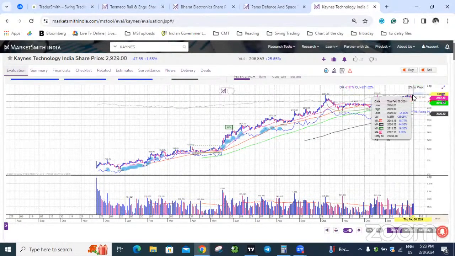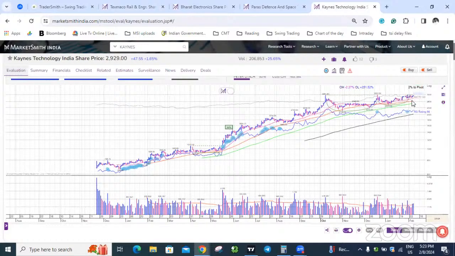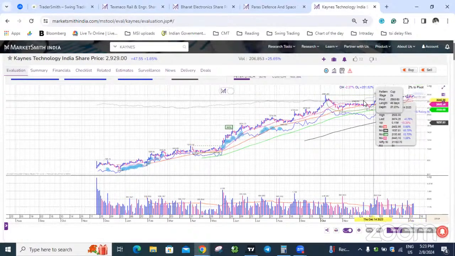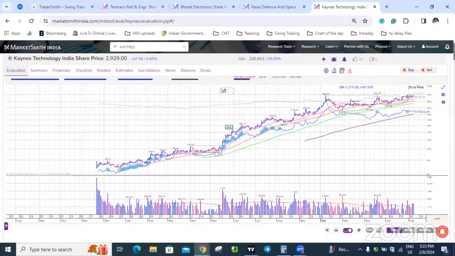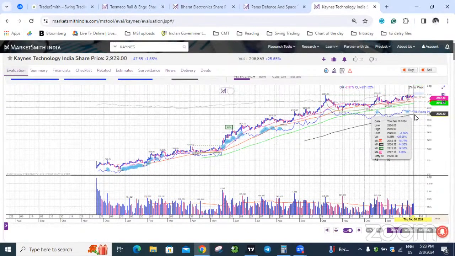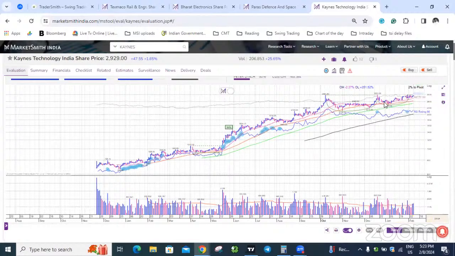A breakout above 3000 would be a fresh entry point. However, the stop loss would be around this swing low, that is around 2700, anything below 2700, and also the 50 DMA is placed around 2640. So 2640 to 2700 is a key support for this particular stock.